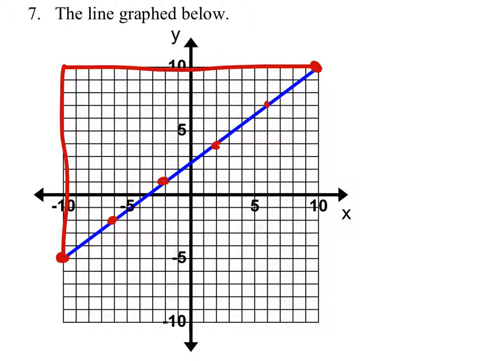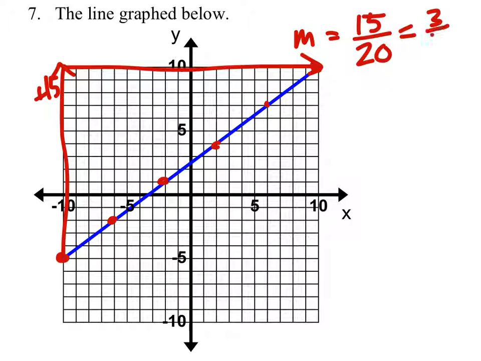So it looks like I went up 15, and then I went to the right 20. So this should simplify to 3/4 for our slope.